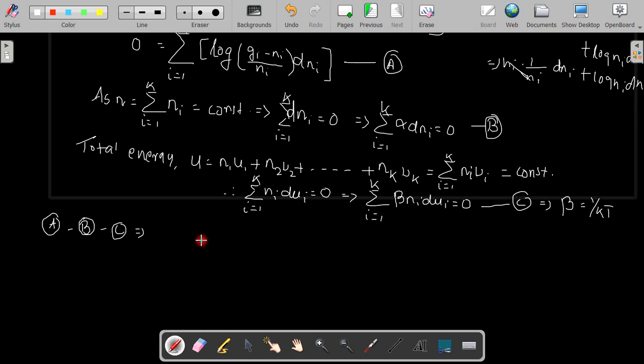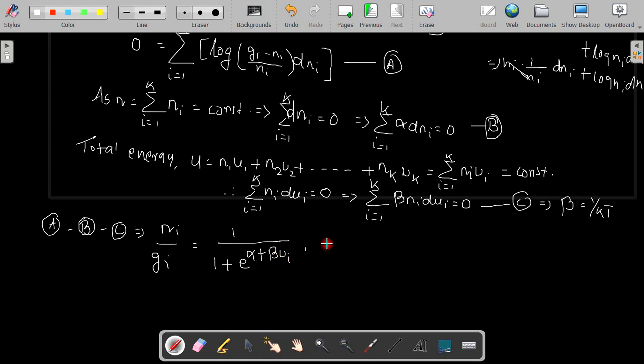Okay, and now you subtract one from the other, use the properties of log, and what you get is this result: ni divided by gi is equal to 1 divided by 1 plus e to the power alpha plus beta ui.